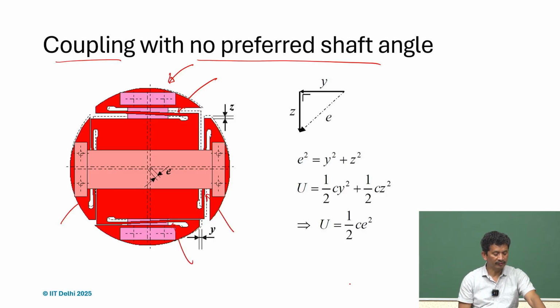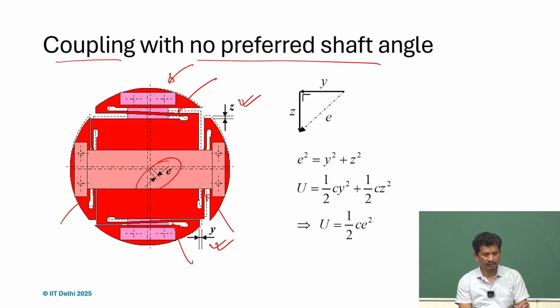So what happens if it is connected like this, and suppose there is an eccentricity? If we write it in terms of y and z, in the orthogonal directions, in the horizontal direction there is a y displacement, and in the vertical direction a z displacement.